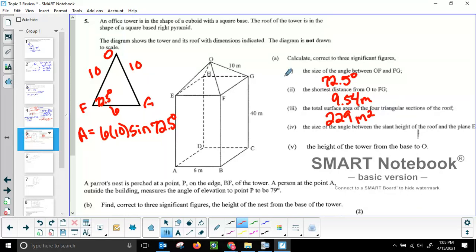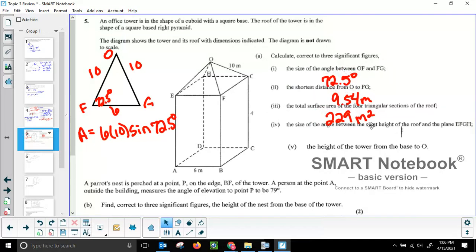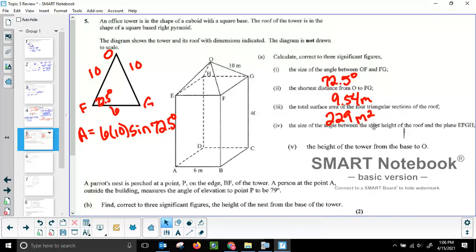Right. So now they want the size of the angle between the slant height of the roof and the plane. What does it say? Probably EFG, maybe? Okay, EFGH. Gotcha. Bottom of the pyramid. Sweet. So now we want to look between the slant height.